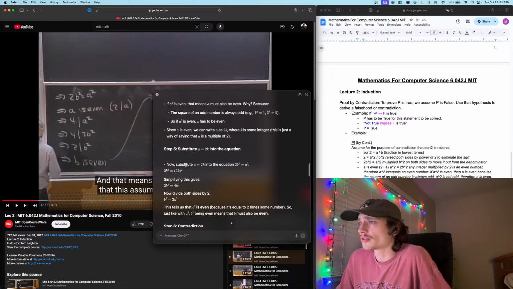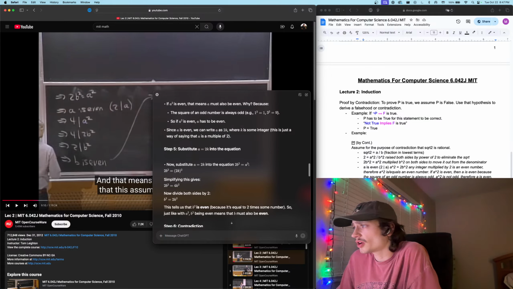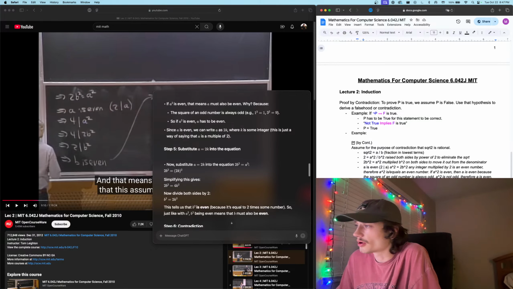Right, so now substitute 2k in the equation. I get this 2k part. I'm trying to wrap my head around this. 4 is a multiple of a squared, so 4 divided by a squared. I'm pretty sure it's just because he did this. It's b squared, 2b squared, so it's 4b.